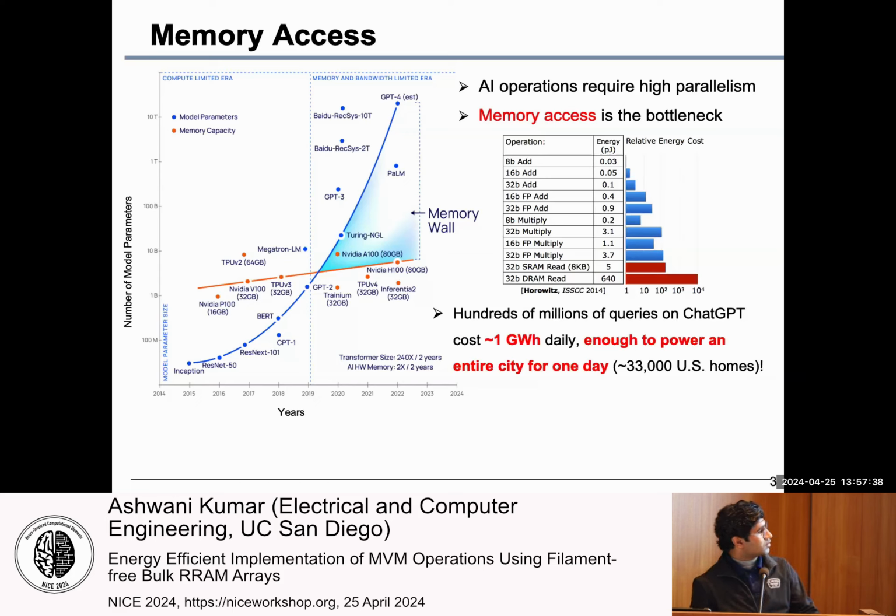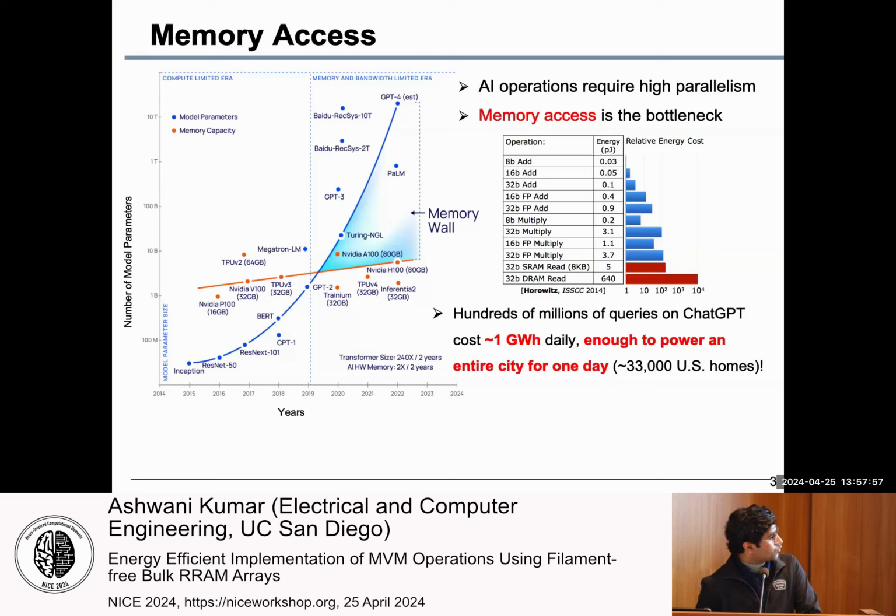So this is a very general estimation, showing that just to have millions of queries on ChatGPT leads to 1 gigawatt of power, which is enough to power an entire city for one day, equivalent to around 33,000 houses.